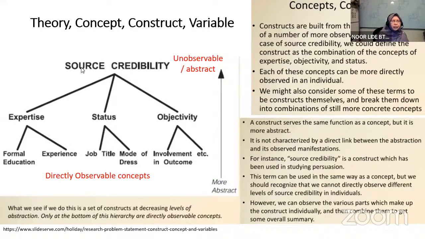But we know that source credibility can be measured by looking at a person's expertise, status, and objectivity. These are three different elements, and all this can then be more directly observed through indicators such as formal education and experience to represent expertise, job title and mode of dress to represent a person's status, and then objectivity, involvement in outcome, and so on and so forth. So all these things are indicators of source credibility.